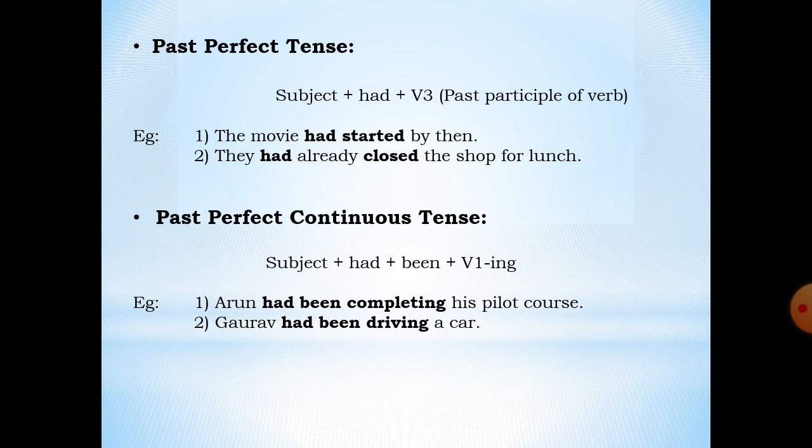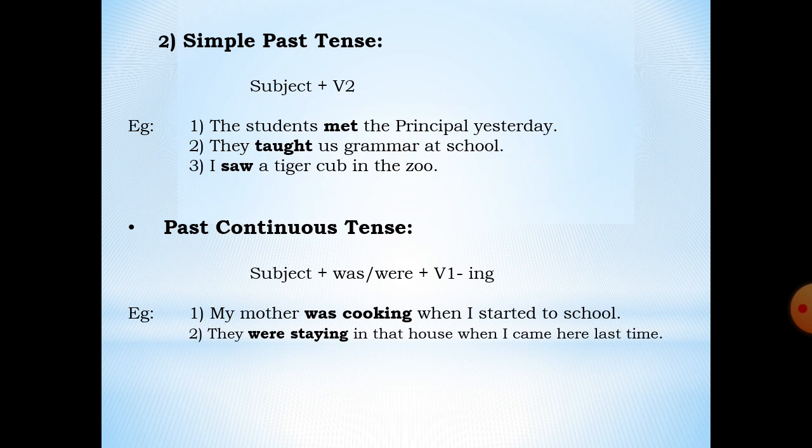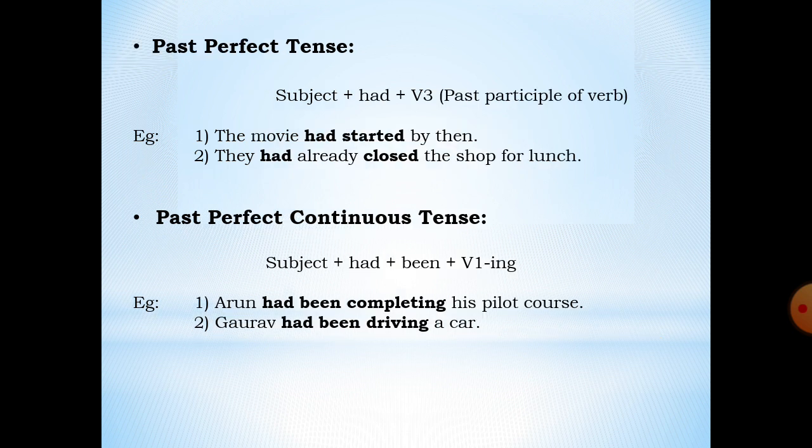And in past tense, when past continuous is there, was, were plus the verb in present form, plus ing is added to it.